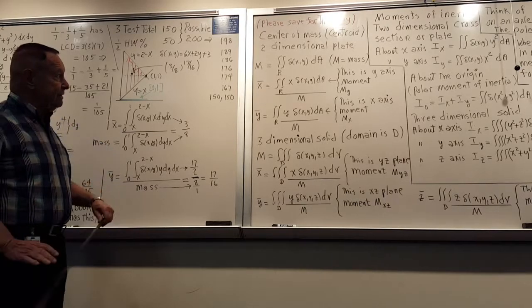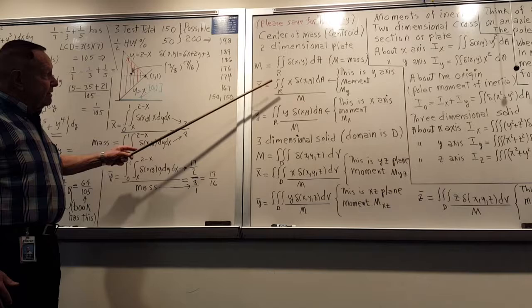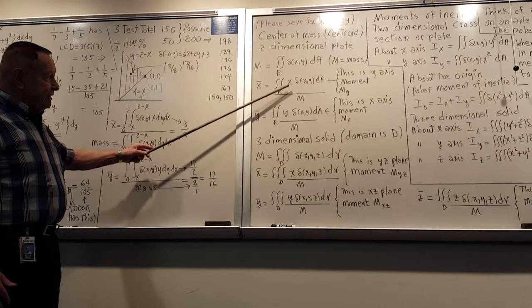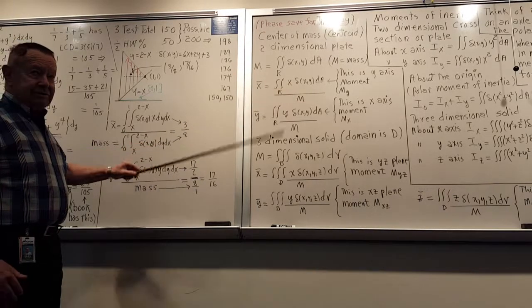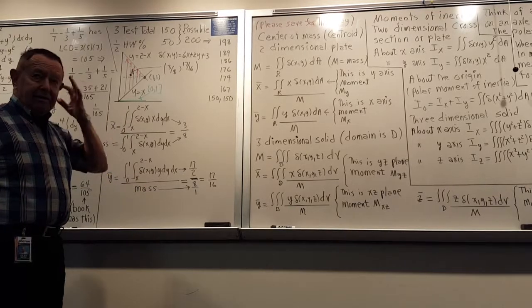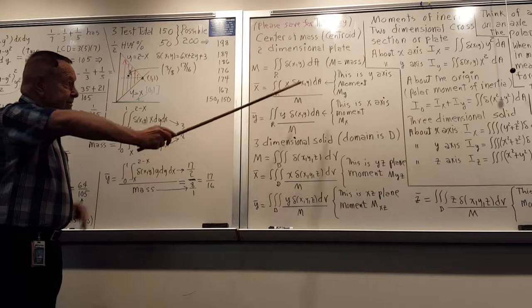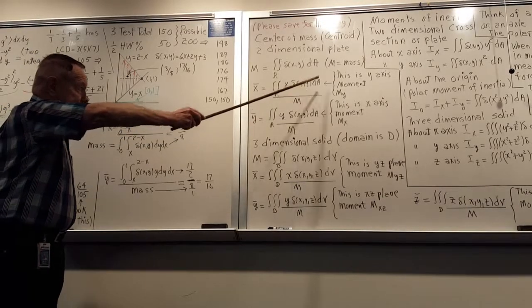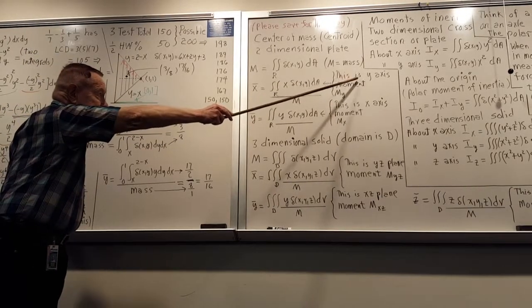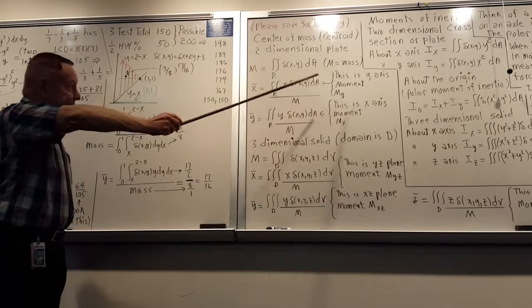the balance point would be, for x bar, it would be x, which is your lever arm measured from the y-axis. So this numerator integral is what you call the y-axis moment.